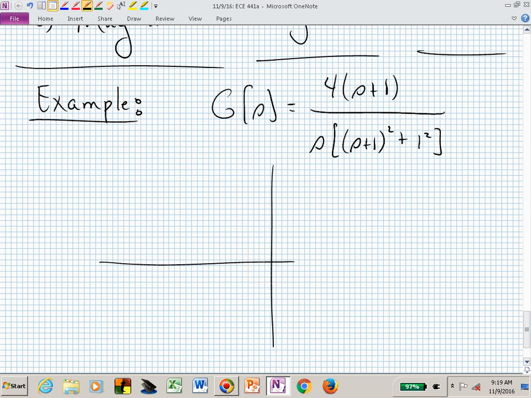The way that I've factored that is to explicitly identify that we have a real part of -1 and an imaginary part of 1, or j. So we have -1 plus and minus j.